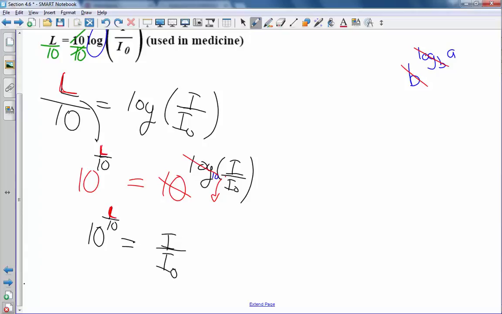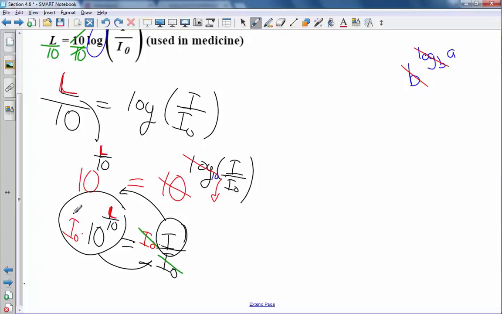Alright, so how do I get to I sub 0? Multiply, either left or right, multiply both sides by I sub 0. And this is what's going to happen. Cancel, cancel. This will be all that remains, okay? And I like I on the left and this stuff on the right, so I will flip sides.